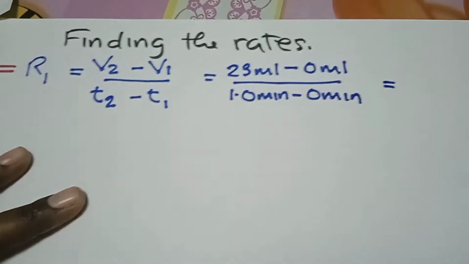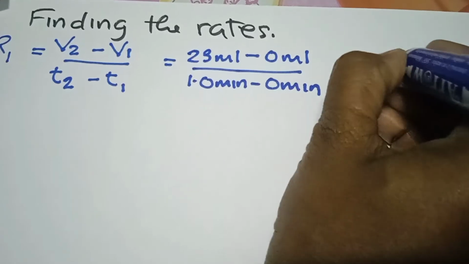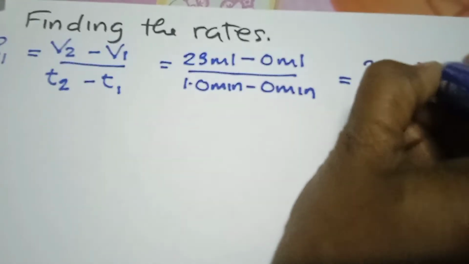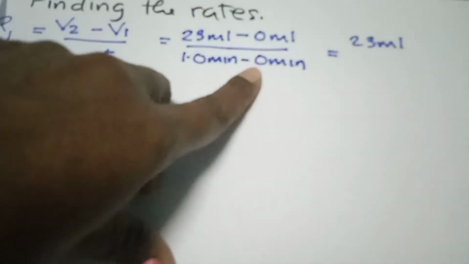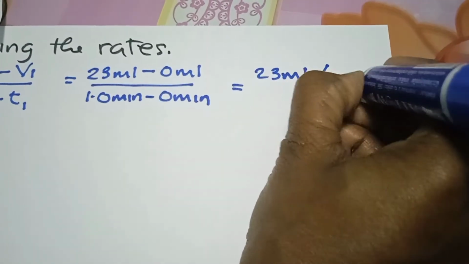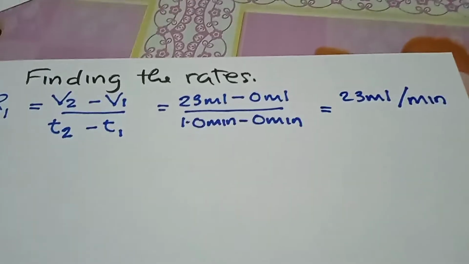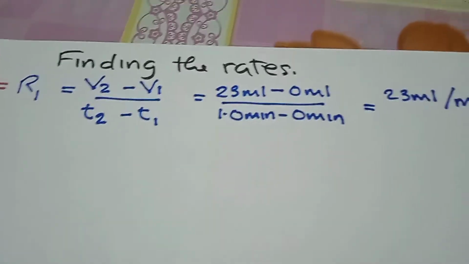If you do the working out, 23 minus 0 is 23 milliliters, and 1 minus 0 is 1. So our rate will be 23 milliliters per minute.